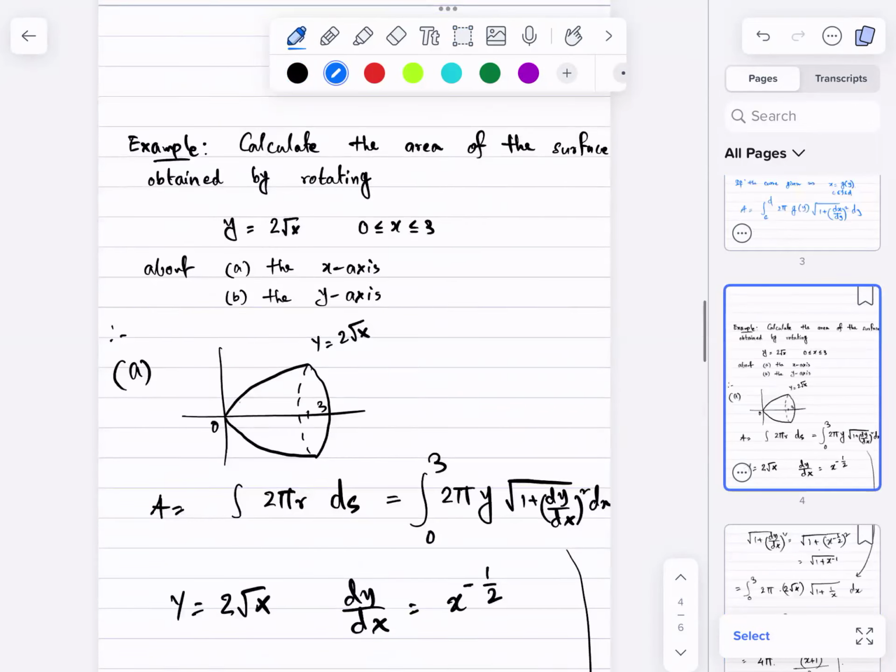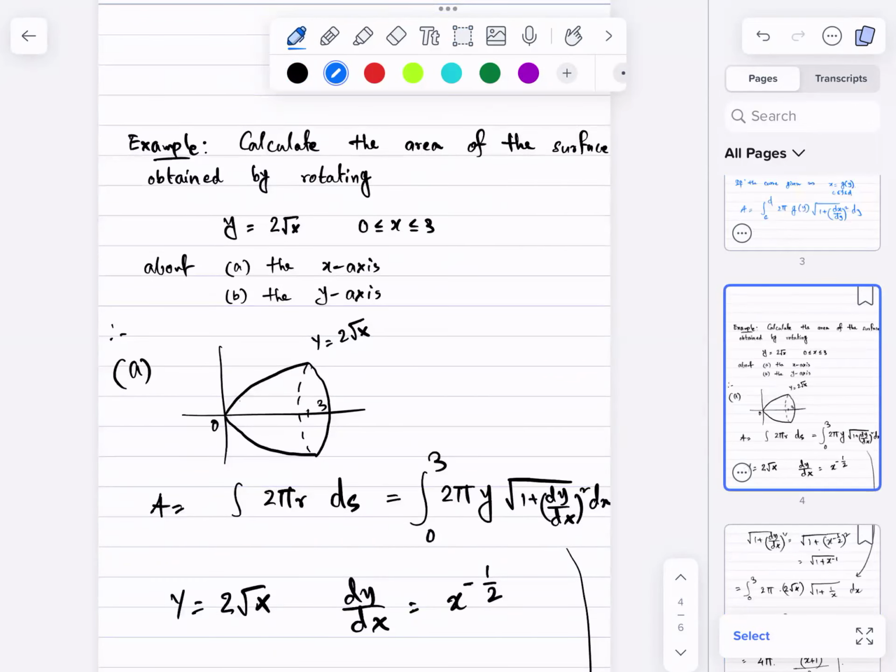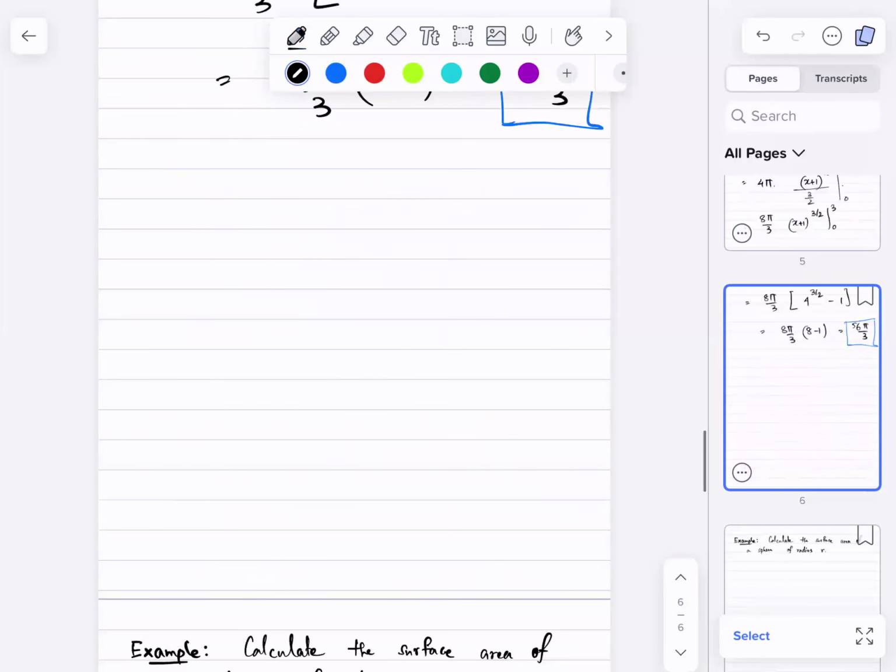So I got the answer for rotating around the x-axis. Now let's focus on B. For B, I have the same sort of graph, but now I am rotating around the y-axis. So the graph will be something like this.